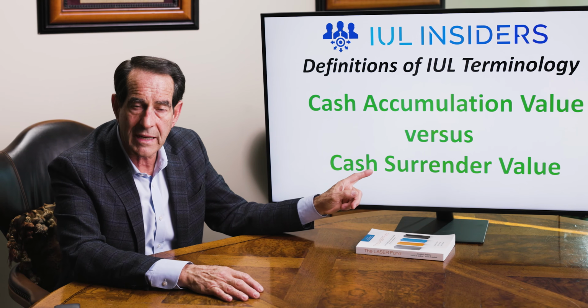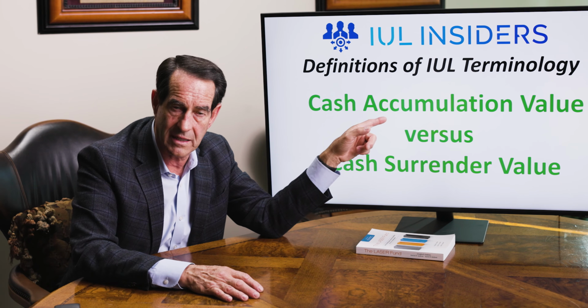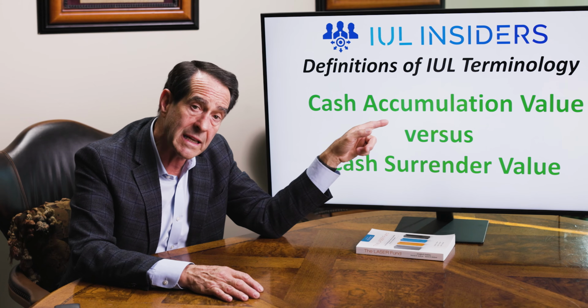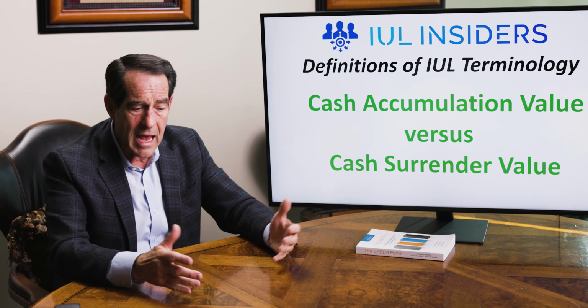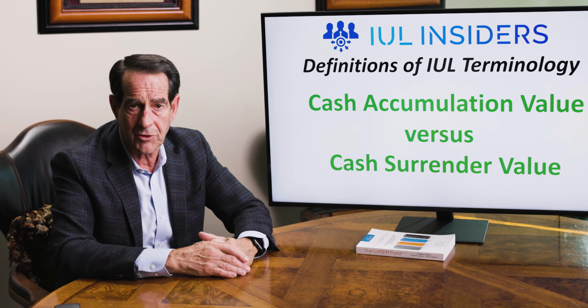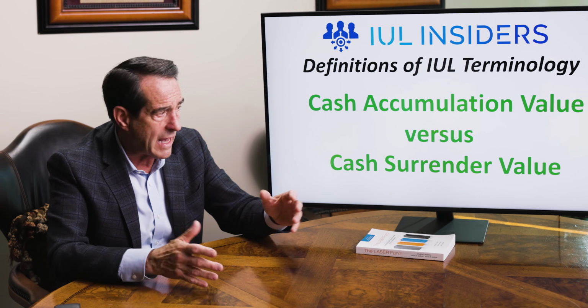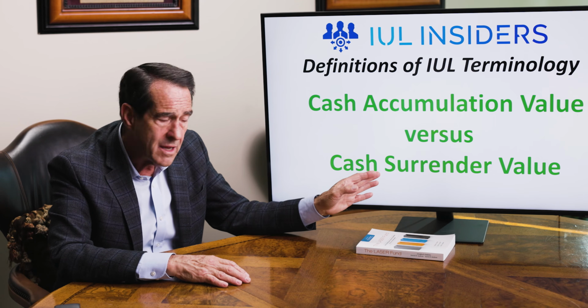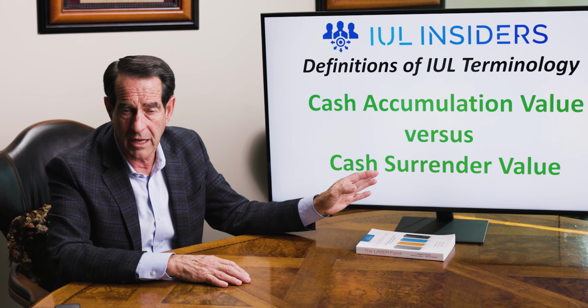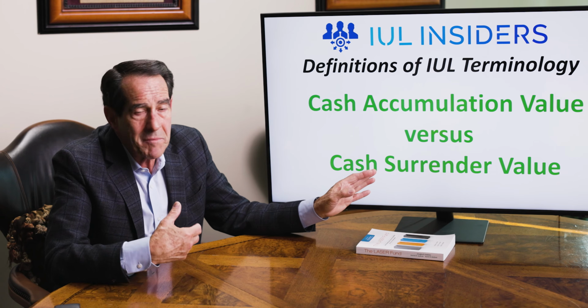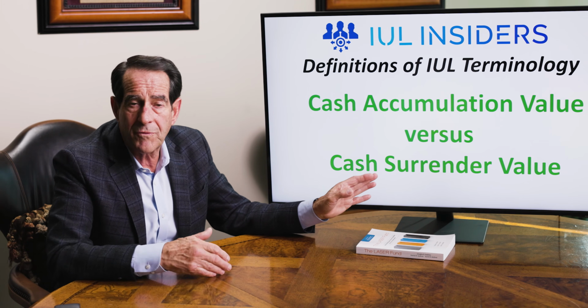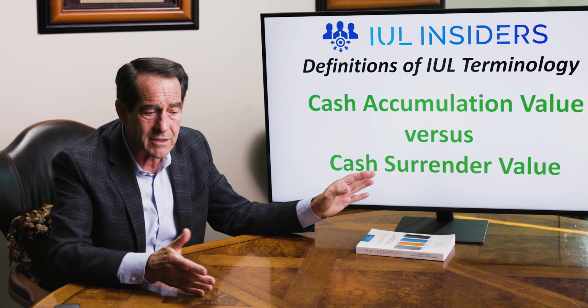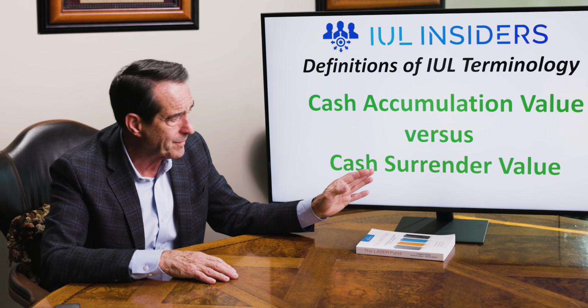This is the number you can access, even though this is the number that you're being credited interest on. So in this example, you're being credited interest on 90 or 100,000. If you canceled it or you needed to go access the money, then they look at the surrender value, and you can cancel and get maybe 60 grand. You could borrow 50, 55,000 out of the policy without causing the policy to lapse.